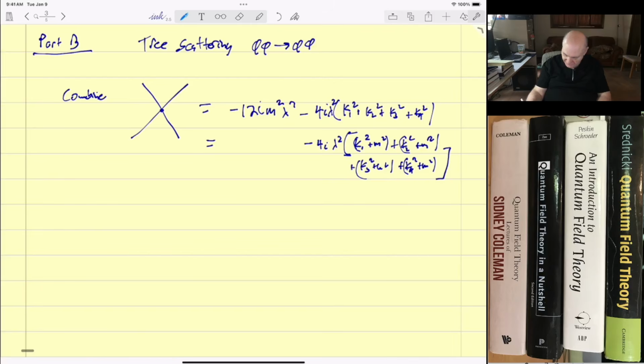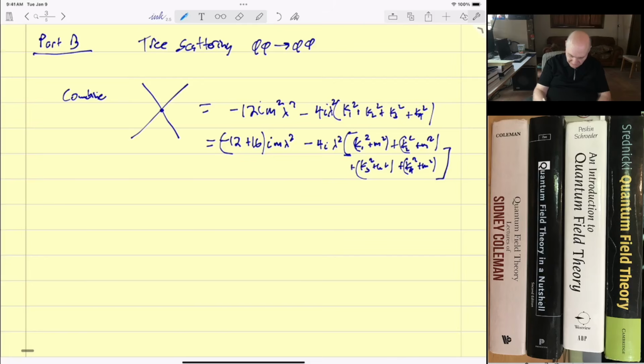So altogether I added minus 16i m squared lambda squared on this side, so I need to add 16i. So I have minus 12 plus 16 i m squared lambda squared.